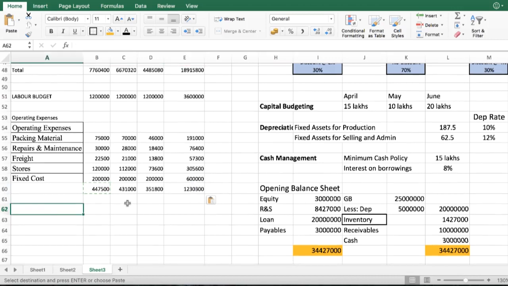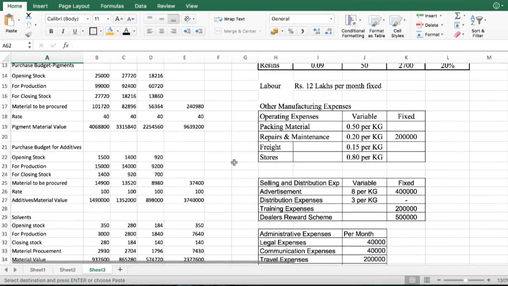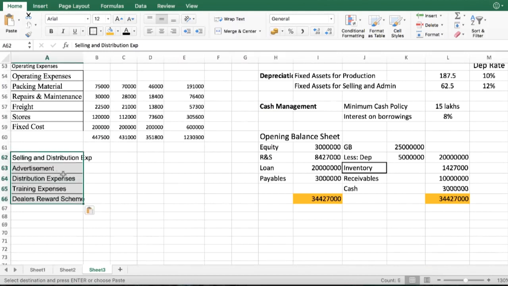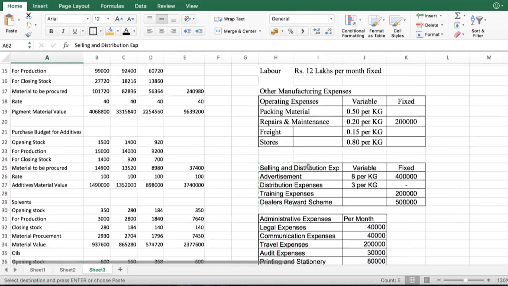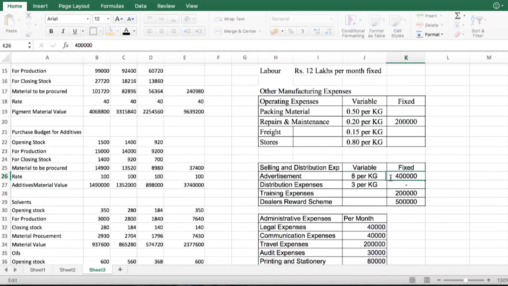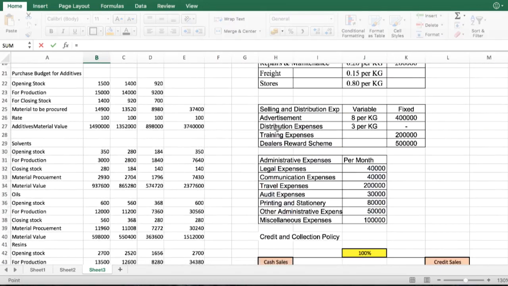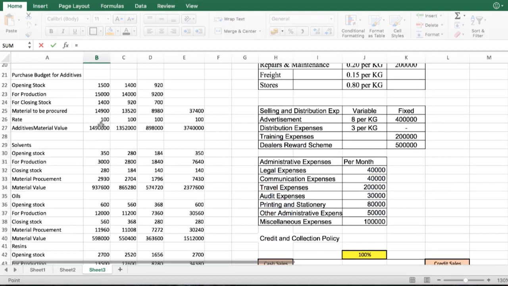Then we have selling expenses. So, we have again 4 line items there, which include advertisement, distribution expenses, training expenses, and dealers reward scheme. Here also we have a variable cost and fixed cost. We need to use both of them. Since it is sales and distribution, it is related to sales quantity, not the production quantity.